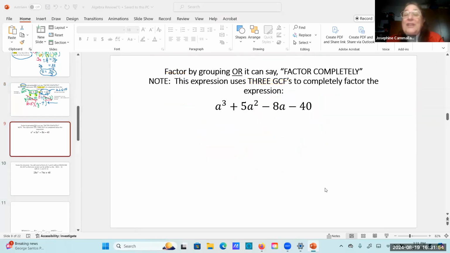Now, I only want one of them. You're going to have to get 2, but you're going to have to decide which one's right. So what am I going to get? What am I going to get?